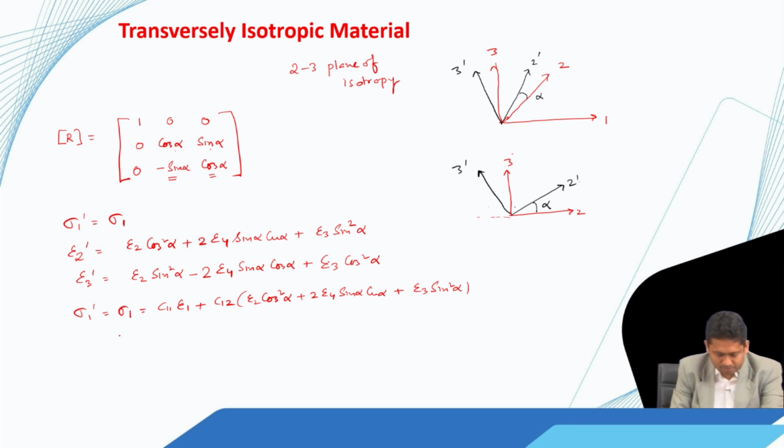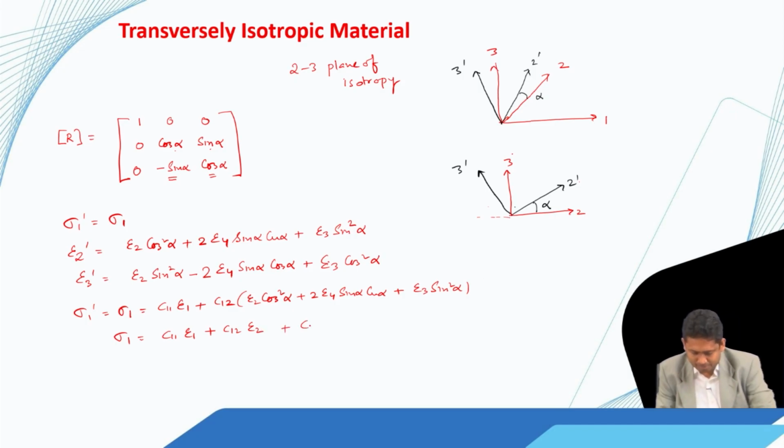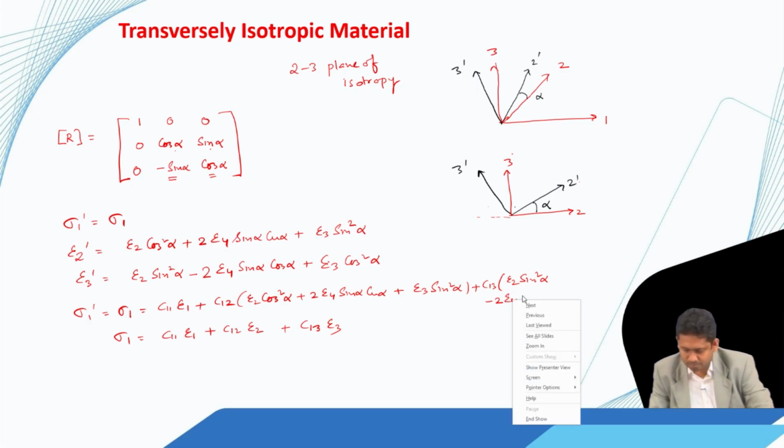Similarly, we have sigma 1 is equal to C 11 into epsilon 1 plus C 12 into epsilon 2 plus C 13 into epsilon 3, and the corresponding term here is C 13 into epsilon 2 sin square alpha minus 2 into epsilon 4 sin alpha cosine alpha, and we have plus epsilon 3 cosine square alpha.